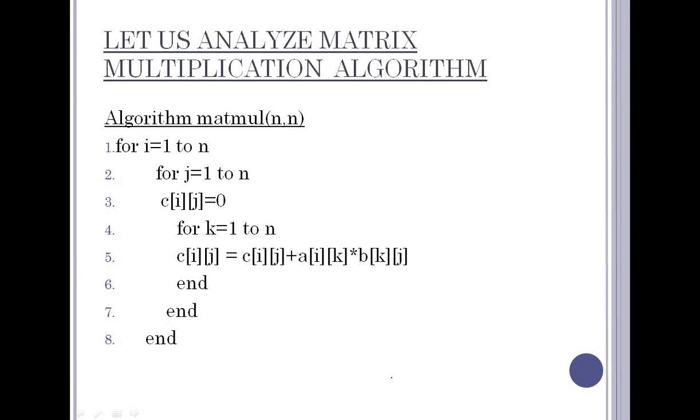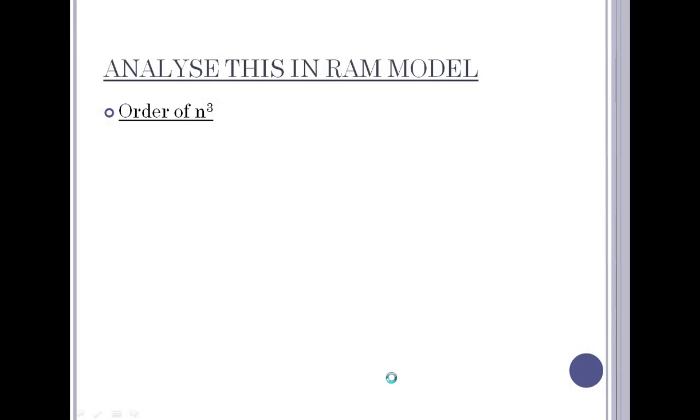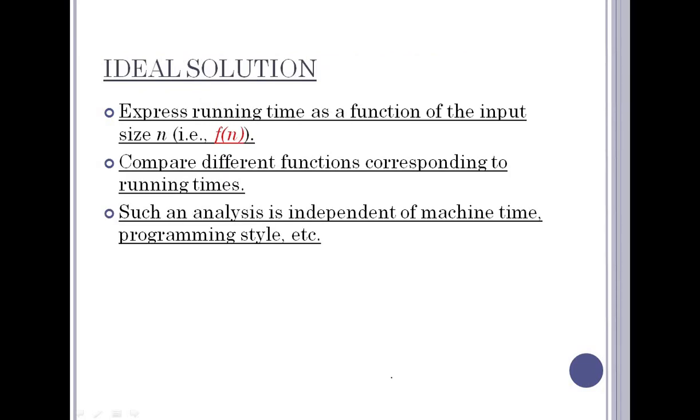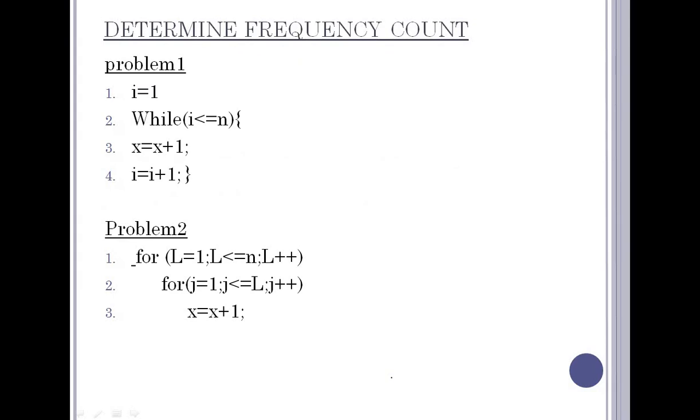Now we can have some analysis of the algorithms. You can take this matrix multiplication example and find out exactly the program steps or program count that is required for this particular algorithm. So please solve this particular example, students.